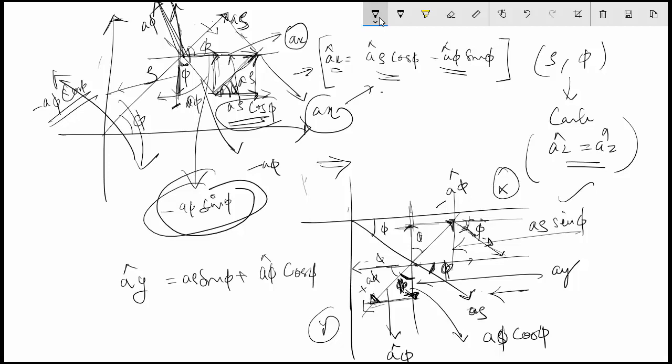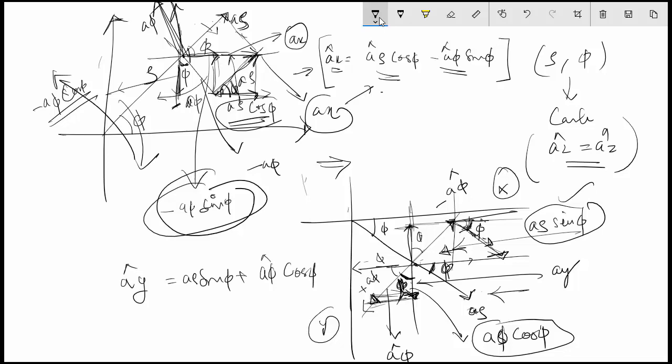This makes angle phi with the y-axis. When you project it on this side, you get a phi cos phi. If you draw a rho here and project it, by vector addition it makes angle phi with this axis, and when you project it on the y side, you get a rho sin phi.